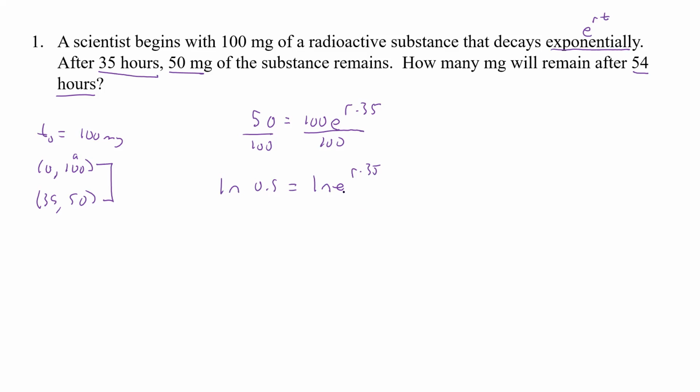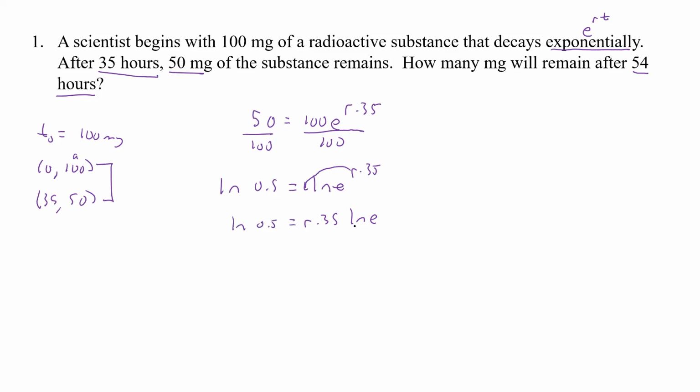If we take the ln of this, we get to bring down our exponent. So we can bring that down, and that's going to be r times 35 ln of e is equal to ln of 0.5. Okay, so that helps us simplify and get that r out of the exponent and make it a number.